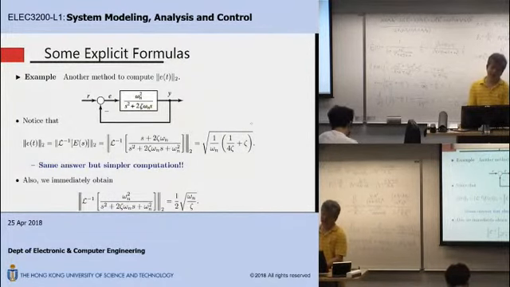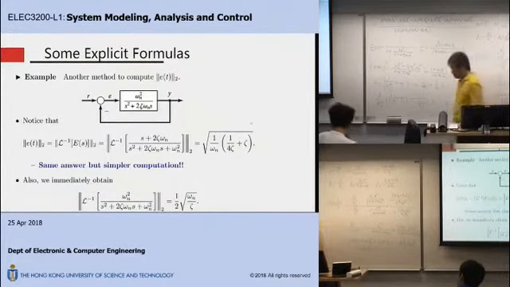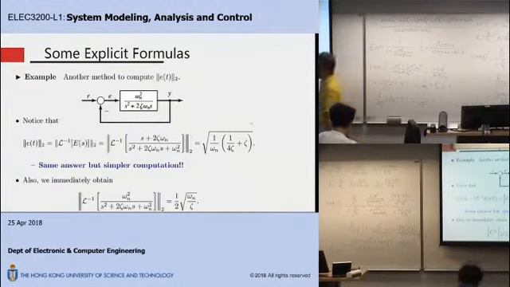All this analysis gives you some guidance in selecting your controller. For example, whether you need to put an integrator in your controller. Sometimes you need it, sometimes you don't. People always talk about PID control. Why do you need the I? I is the integrator. That's why sometimes you need to put the I term in your controller.